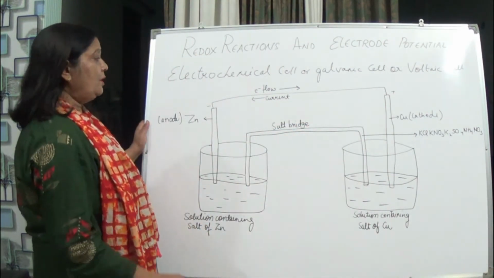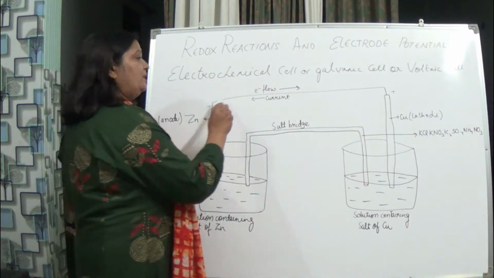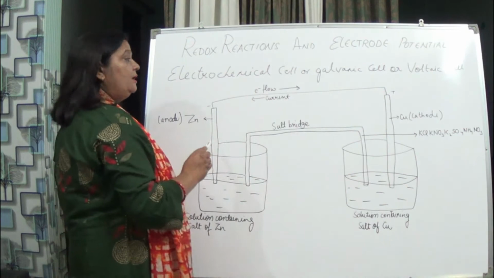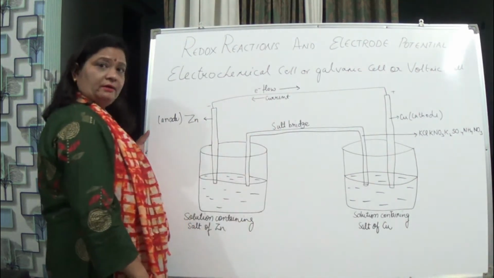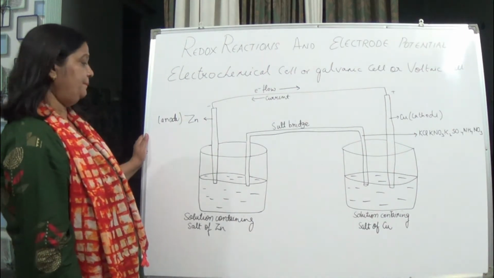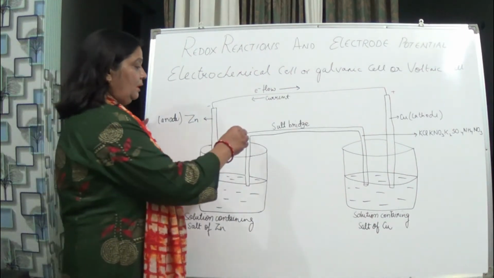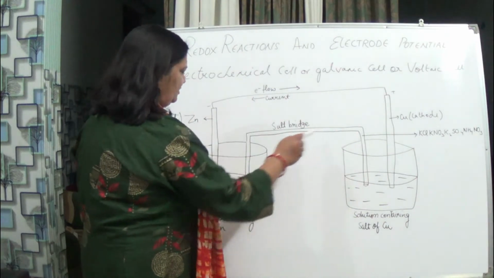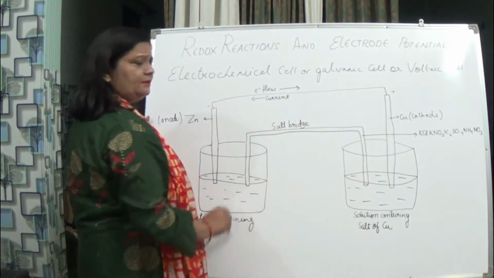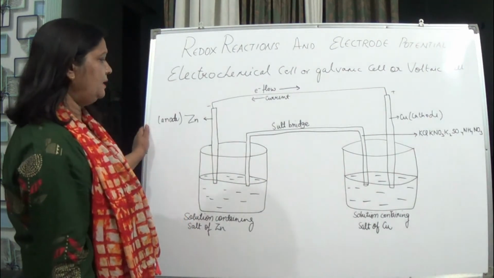These two electrodes are joined by a wire, through which the electrons flow, and the current also flows. Now you can see a bridge-like structure connected to both the containers.